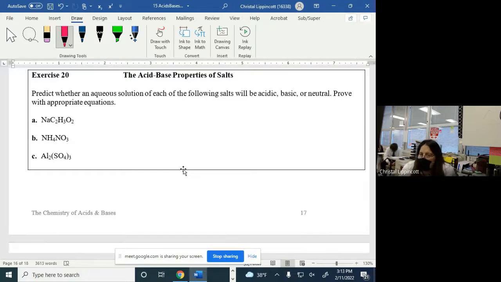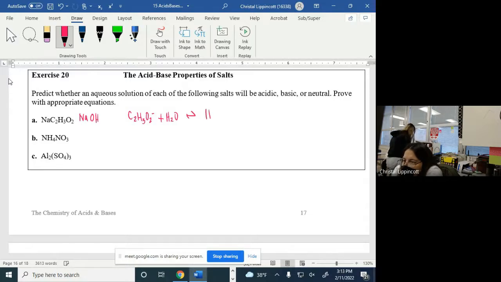All right, so let's look at this guy. If we have sodium here, our sodium would form a strong base, so he's not going to have any effect on the pH. But this guy, the acetate, when he gets into water, he's going to split the water.